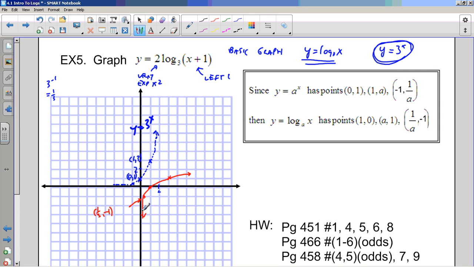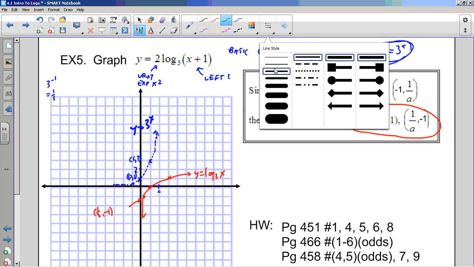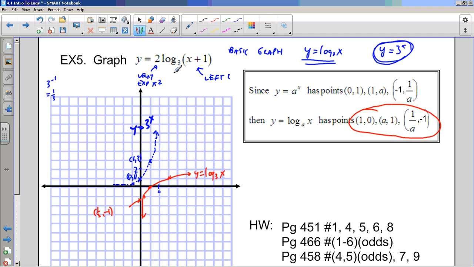Remember, the domain of this red one is x has got to be greater than 0. Range is all real numbers, etc., etc. And then these points are the important points that we want to put on our basic log graph. So this isn't our final graph, but this is actually a new parent graph that we're going to be able to graph.